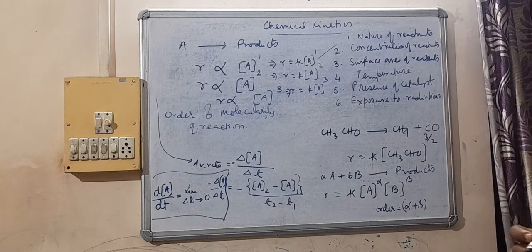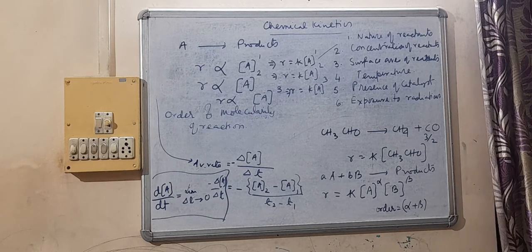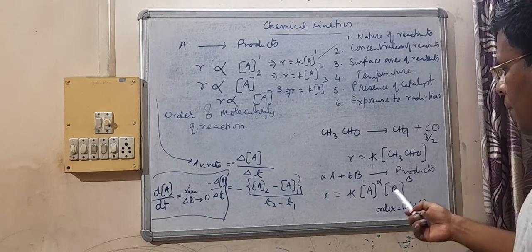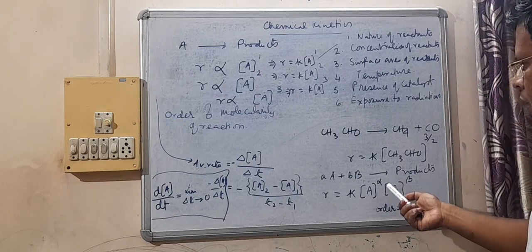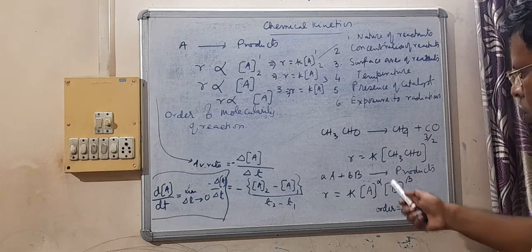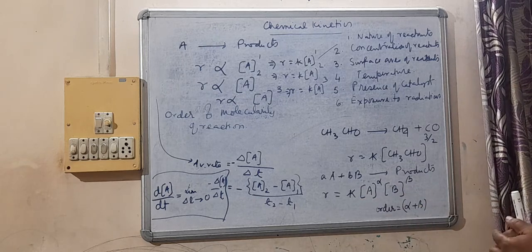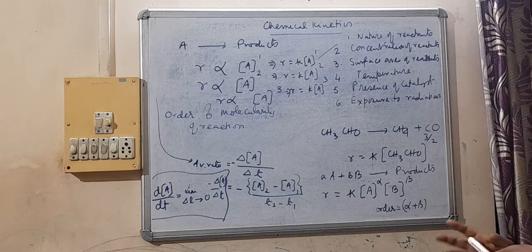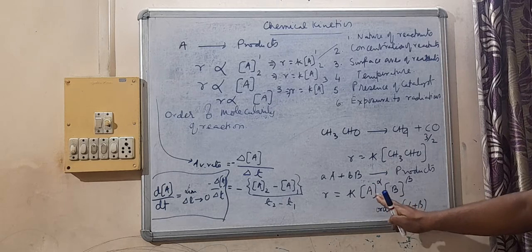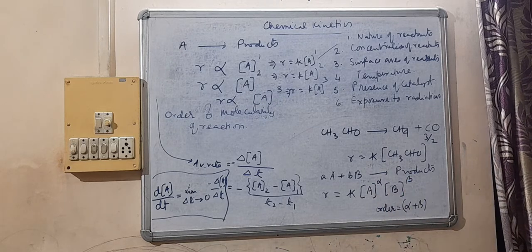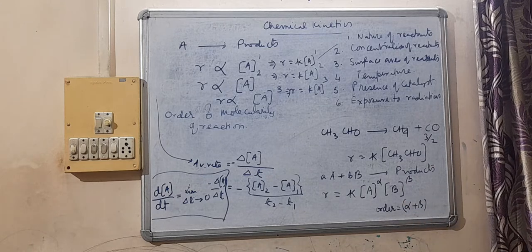So what is actually the order of reaction? Order of reaction is defined as the sum of the powers of the concentration terms in the rate law expression. And we say that this reaction is alpha order with respect to A and beta order with respect to B, and the order of this reaction is alpha plus beta.